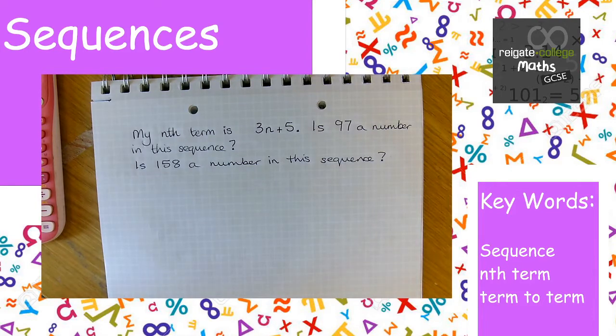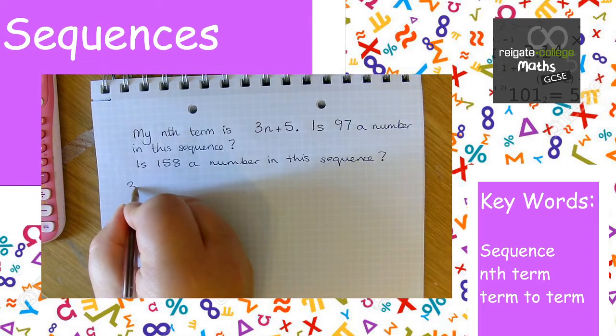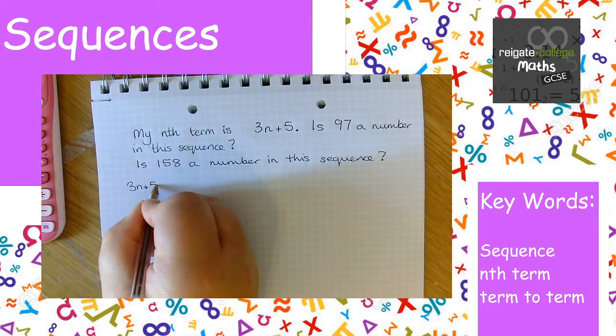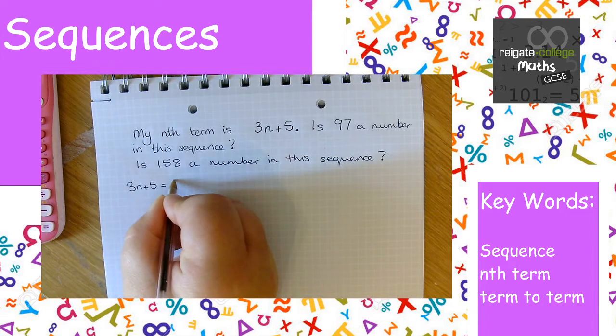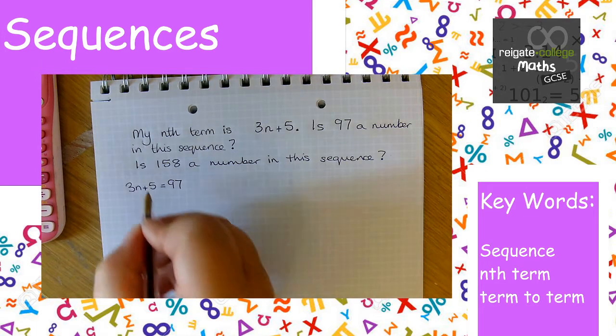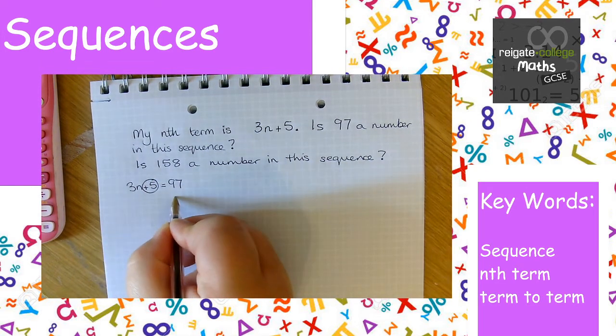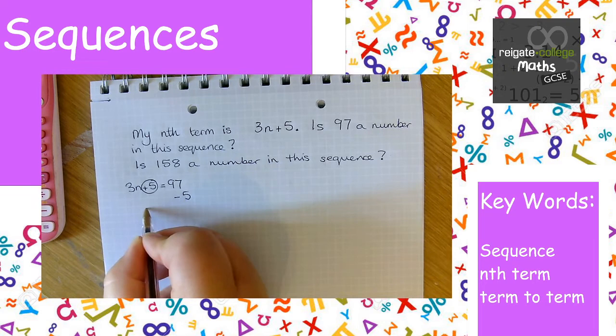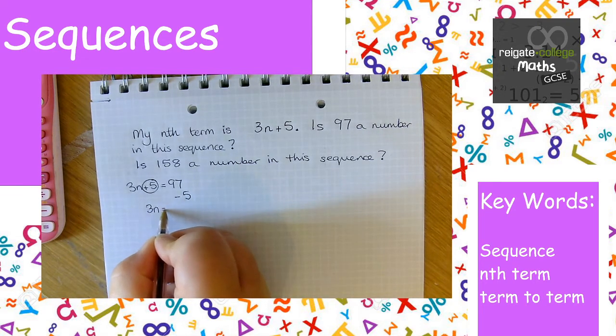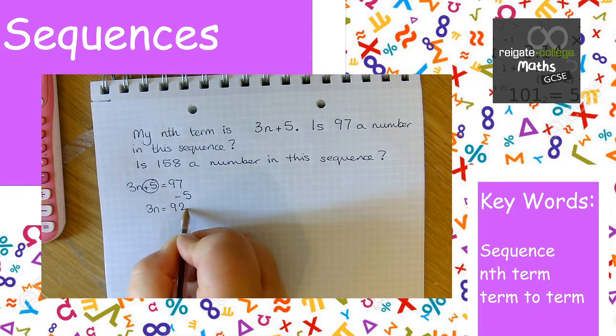Here I have an nth term of 3n plus 5, and I'm asked to find out whether 97 is a number in the sequence. I'm going to do that by setting up an equation. 3n plus 5 equals 97. Now I'm going to try and solve the equation. By subtracting 5, 3n equals 92.